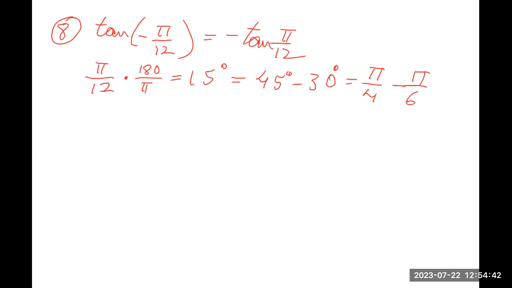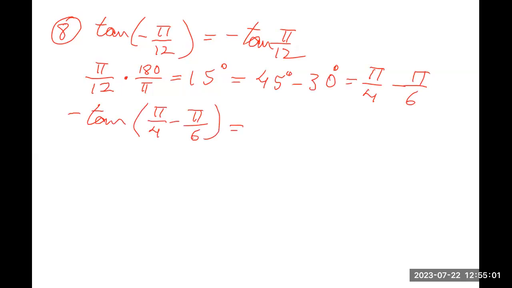So that's what we are working with, negative tan of π/4 minus π/6. And then we use the difference identity for tangent, and this is thinking of π/4 as alpha and π/6 as beta.